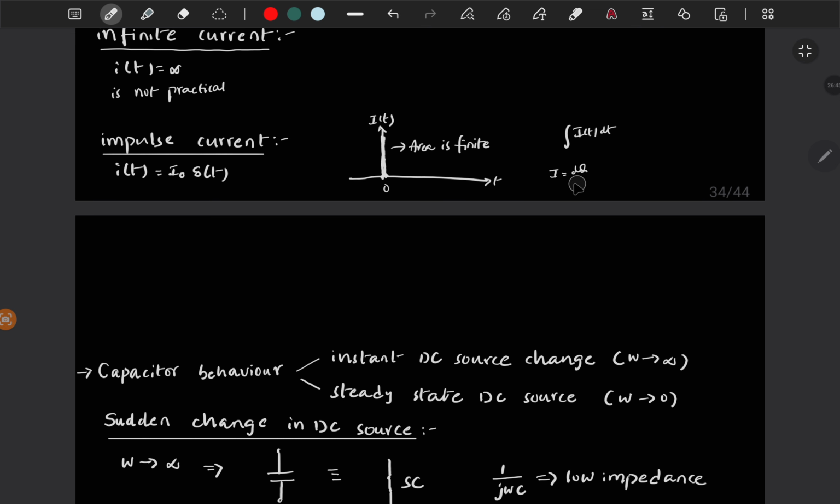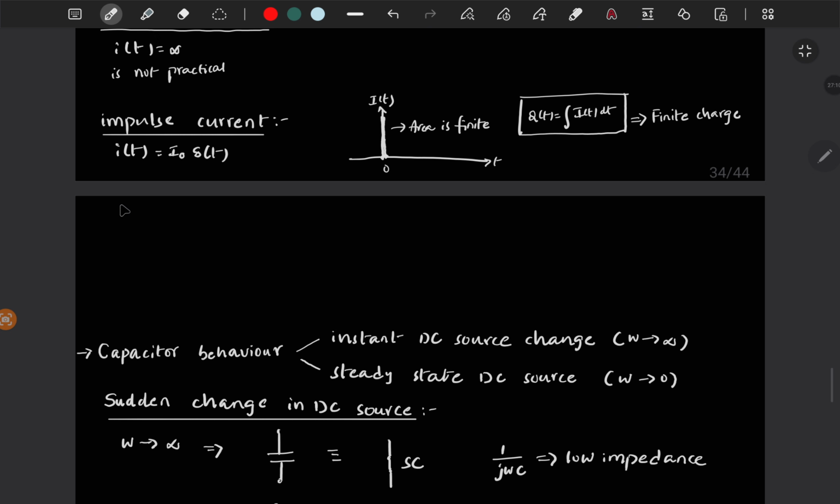So what is q? Integration of i dt, which is nothing but charge. So if the area is finite, which implies the charge across the capacitor is finite. So finite charge for a capacitor.